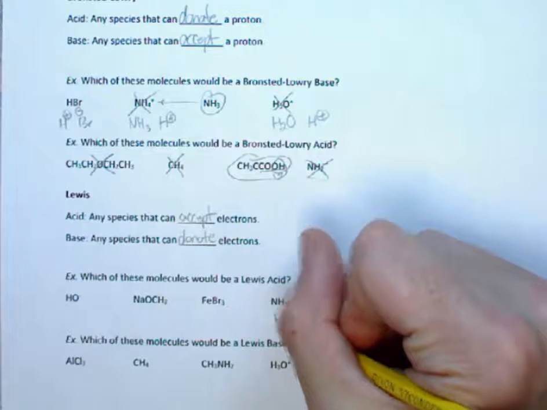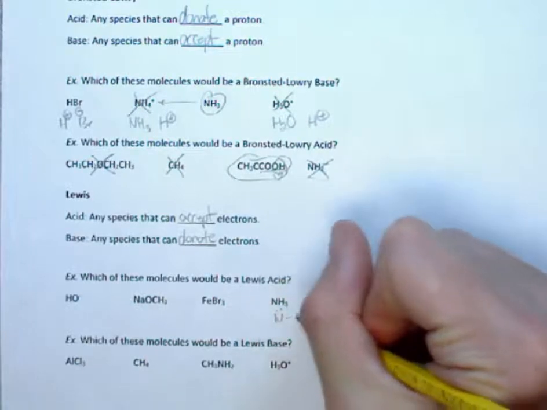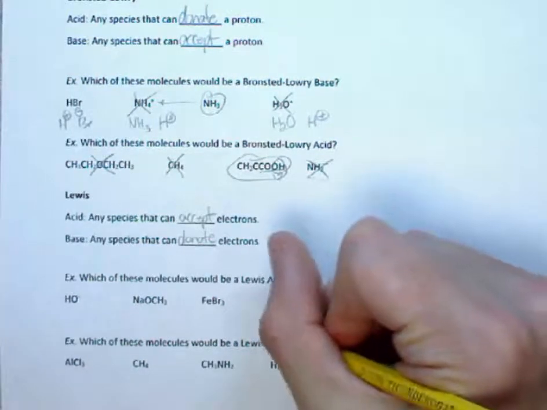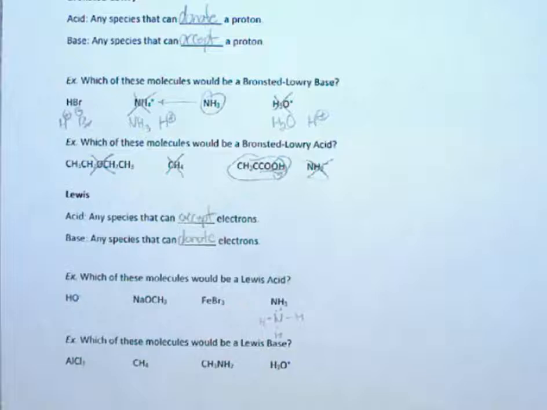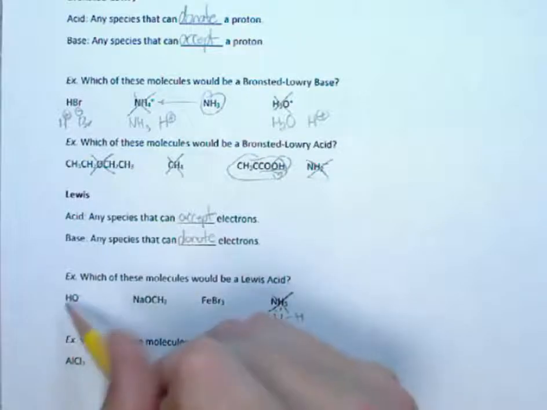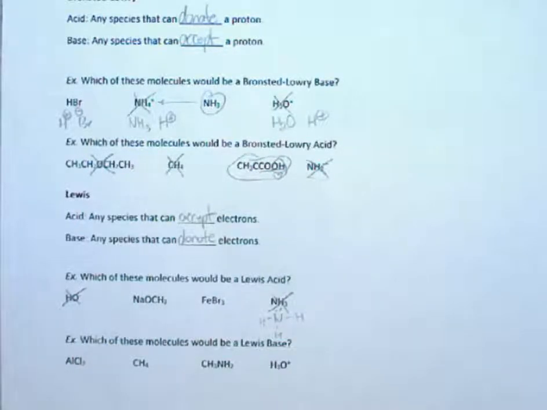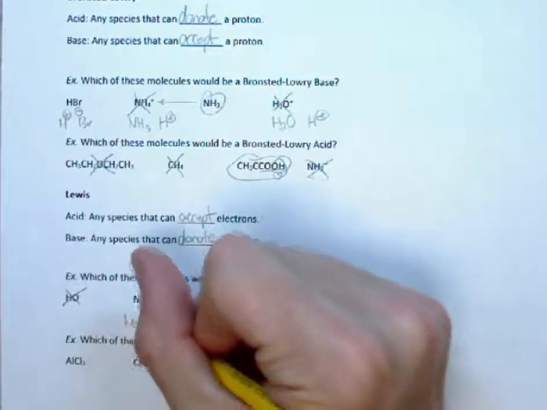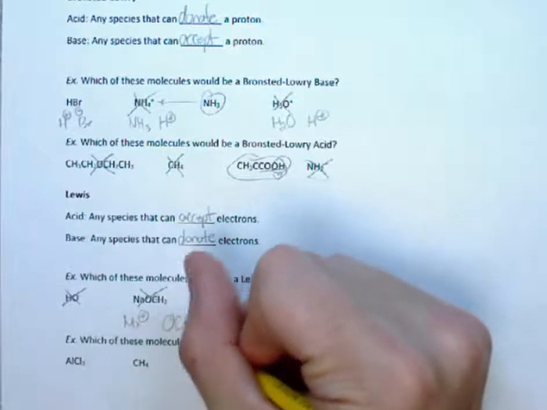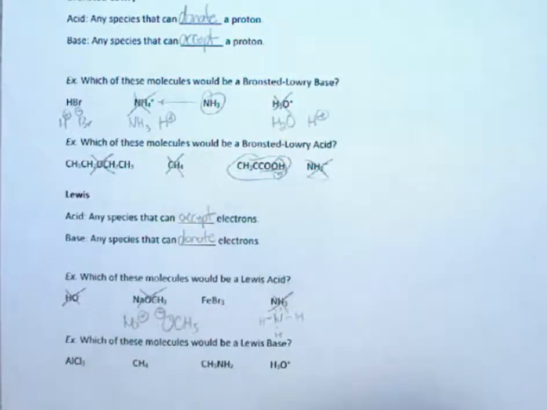NH3 already has a lone pair of electrons, so it's not going to accept more electrons. HO- is already negatively charged, it is not going to accept more electrons, and that's the same for NaOCH3. So the correct answer is FeBr3.